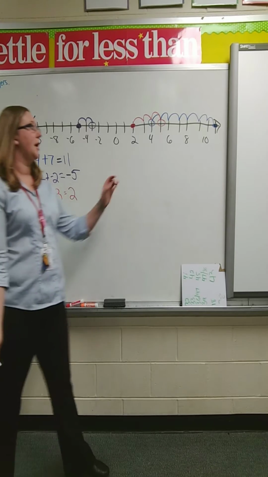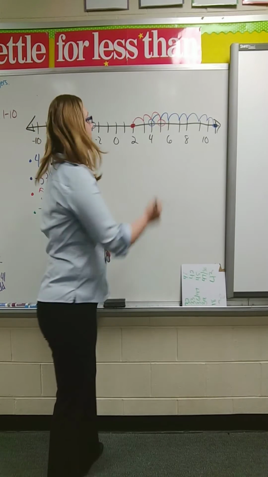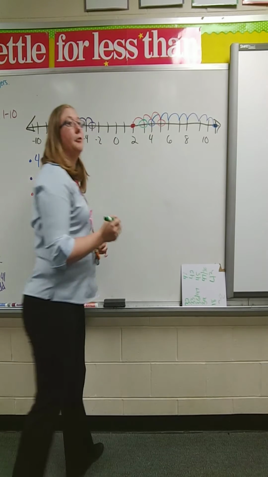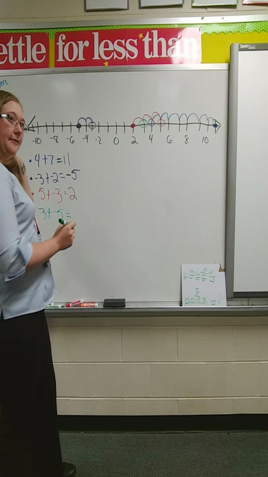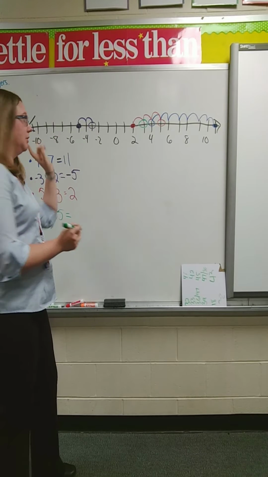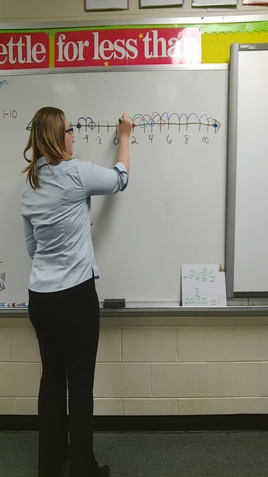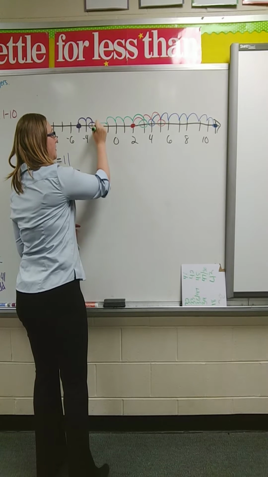That tells us I'm going to start at 3, and I'm going to go 5 units to the left because that's the negative direction: 1, 2, 3, 4, 5.